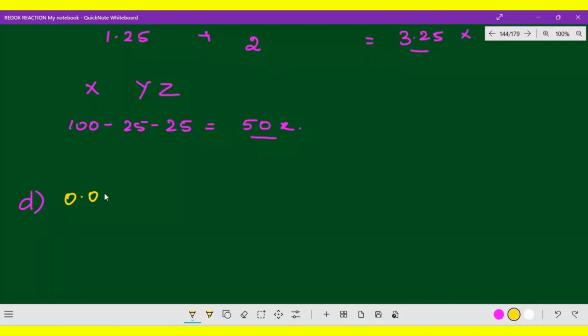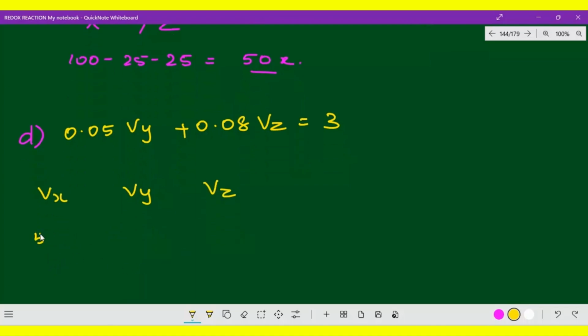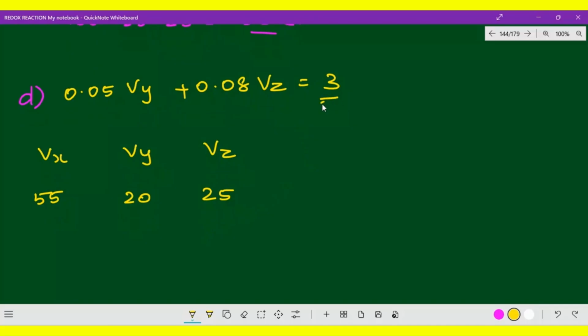The same way here, 0.05 Vy plus 0.08 Vz equal to 3. Now option D, what is the first one? Here Vx, Vy and Vz. So here they have given 55, 20, 25. So let us check whether we are getting 3 or not.